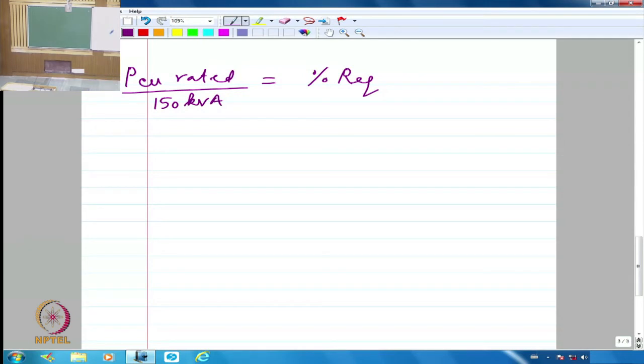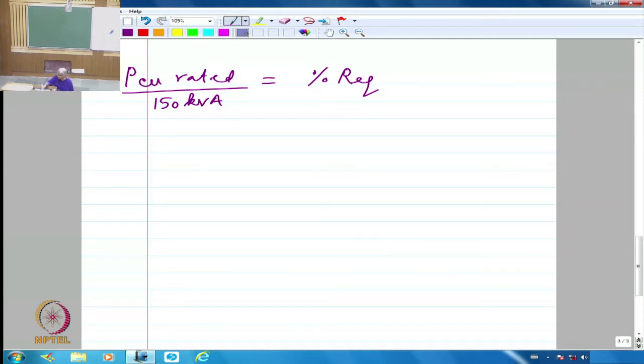Because this is essentially I times R equivalent divided by V rated. That is what is percentage R equivalent. I am multiplying the numerator by I and the denominator also by I, rated current. Then at the denominator I get the rated kVA of the system, which is 150 kVA. And at the top I would get I rated square R equivalent, which is rated copper loss itself. Am I right? So this is going to be actually percentage R equivalent.